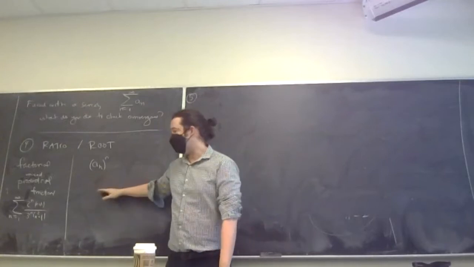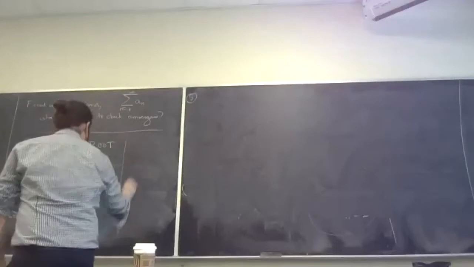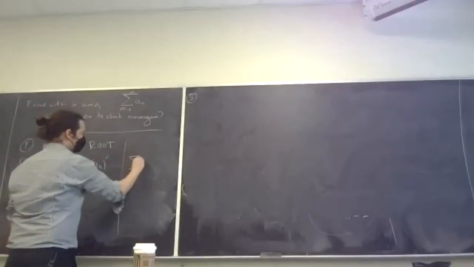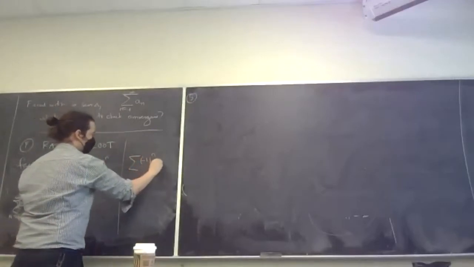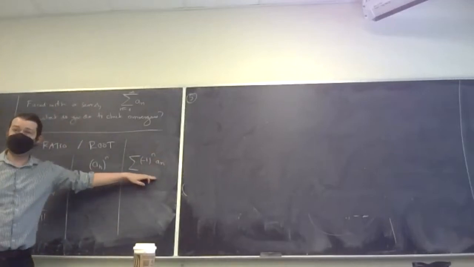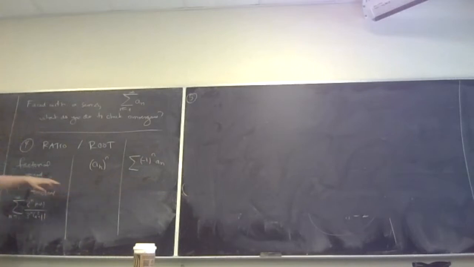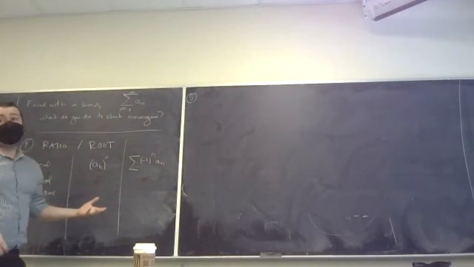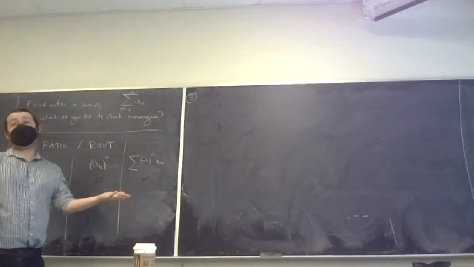If you look at a series and it's of this form, there's two candidates for looking at a series like this. The first is test it for absolute convergence with the ratio test. If that fails, you can't do that, then you have to check it with the alternating series test.